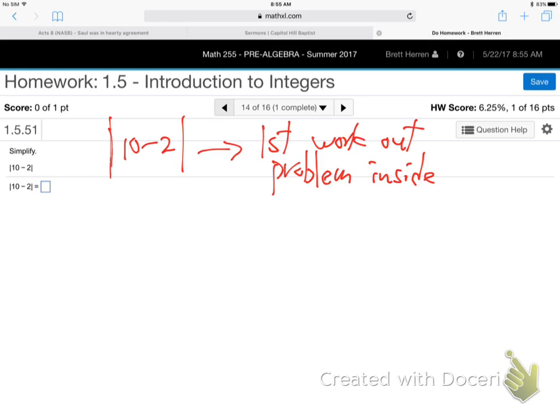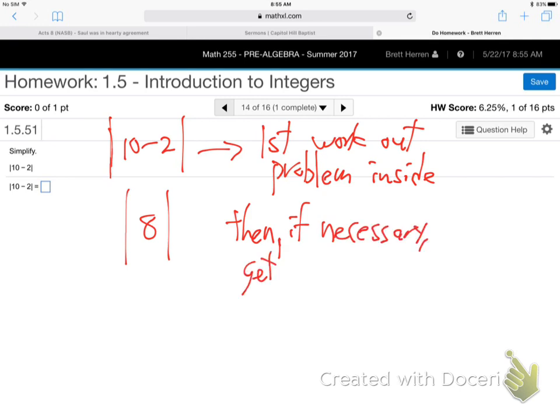First, work out the problem. So 10 minus 2? 8. Okay, so first do that. Then, when you're all done, if necessary, get rid of any negative inside.